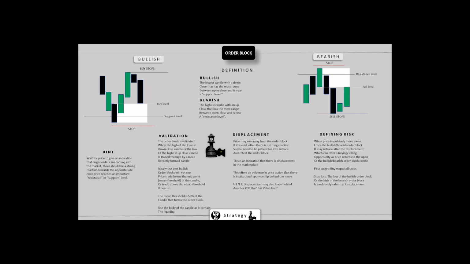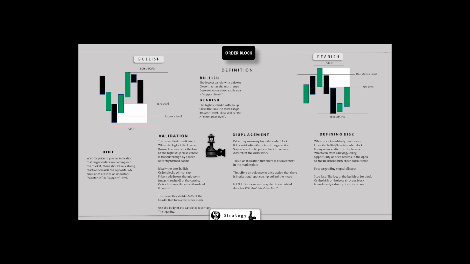So how will you identify the mean threshold of an order block? You take your Fibonacci tool and you measure and mark the 50% level of the candle that makes the order block.